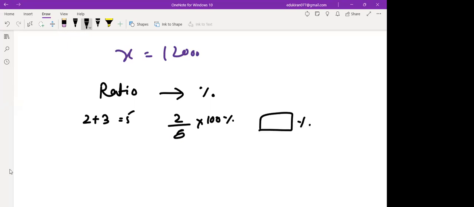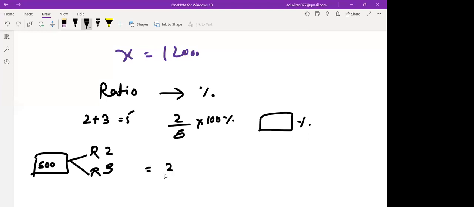But if I ask you that, for example, I have 500 rupees and I'm going to divide it between two students, and this student got 2 and this student got 3 ratio, find me how much I will give to this student and how much out of this 500 I'll give to the other student. So you will do it like this: 2 by 5 into 100. But here, instead of writing 100, what will you write? You will write the amount. Clear?